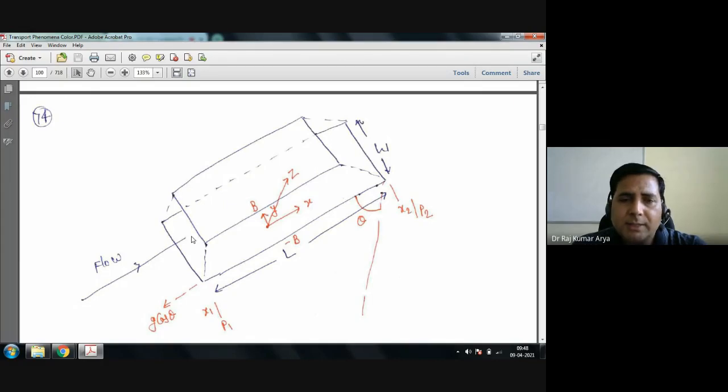Width is this, the W, and this is the length. So here the choice is yours whether you want to take the coordinate origin on the plates or at the center. If you take it at the center, you may get some type of symmetry actually. So a half solution will work for the entire segment. Correct?